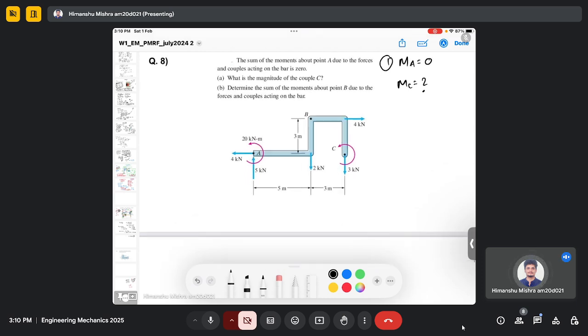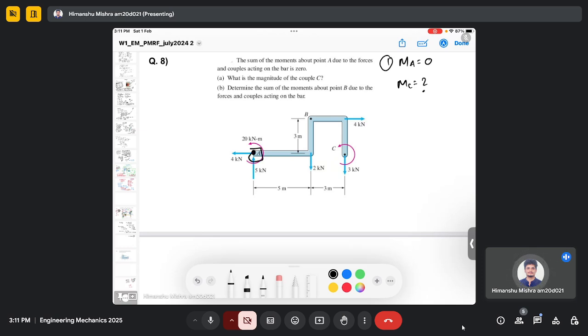As we discussed in the previous class, in order to find the moment at any point, we need to fix the point. So if we need to calculate the moment at point C, we need to fix some point somewhere in this diagram. So let's say we fix point A, because we already know the information about point A, right? We already know that the moment at this point is 0.